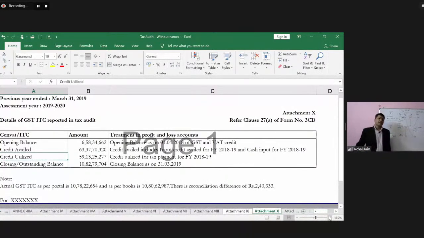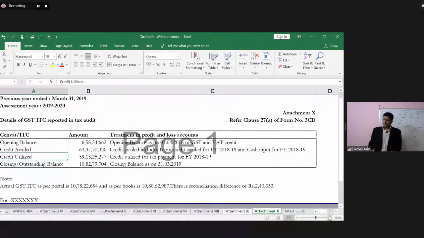In fact, when we'll understand the requirements of GST audit, this also happens to be one of the reconciliations which are required on the part of the management to do, and then the auditor to check whether these inputs or these balances which we discussed, that there are two sources to look at this information. One is the books of accounts and second is the GST portal, whether there are any differences between these two or not.